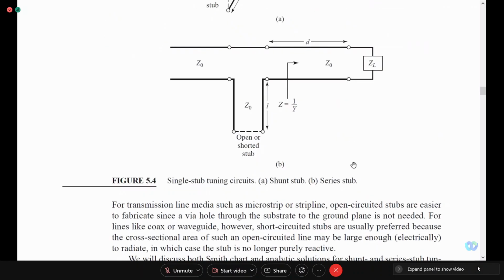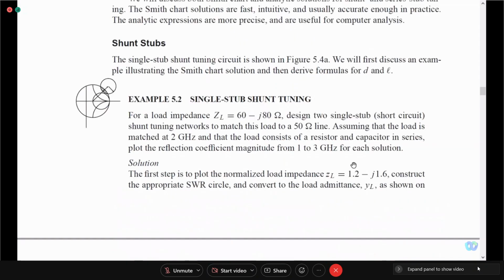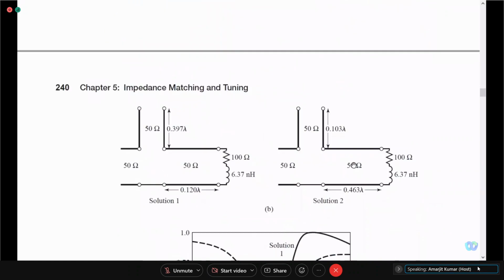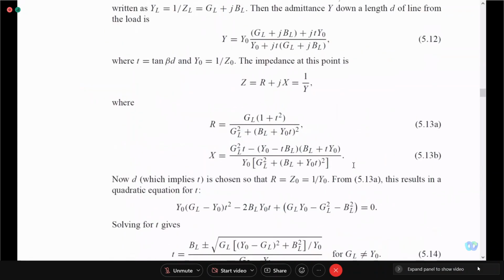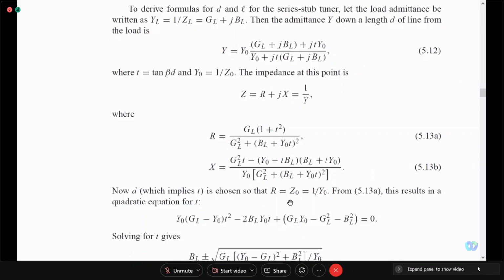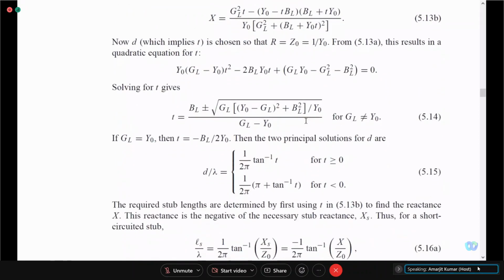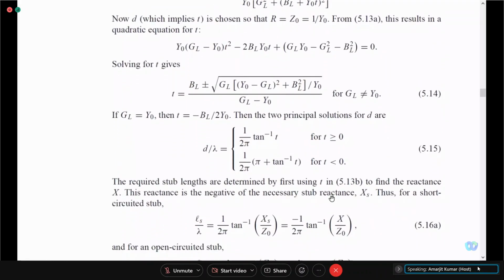So here Z is equal to 1 upon Y. Okay, Z is equal to R plus jX. R is equal to Z0. You will get a condition. And the reactance is the negative of the stub reactance XS.